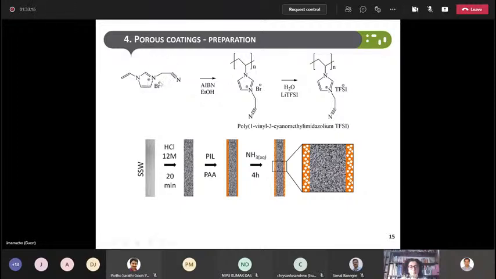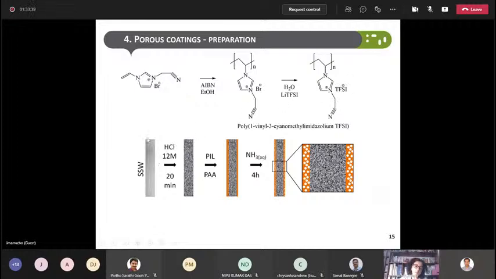So what we did is we prepared a polymer, and when we prepared the polymer, we functionalized the imidazolium group with the cyano group. So here is our polymer that has an imidazolium with the cyano group. It's again a TFSI.